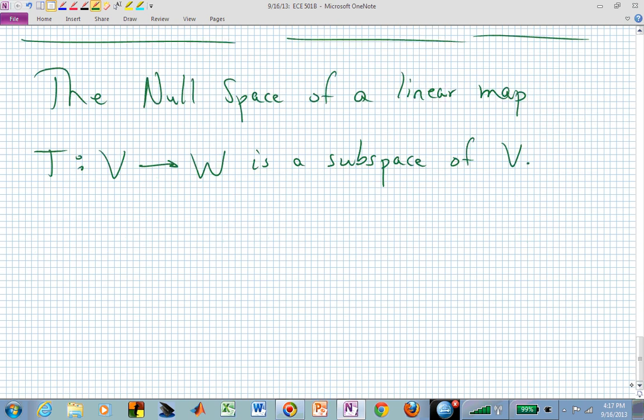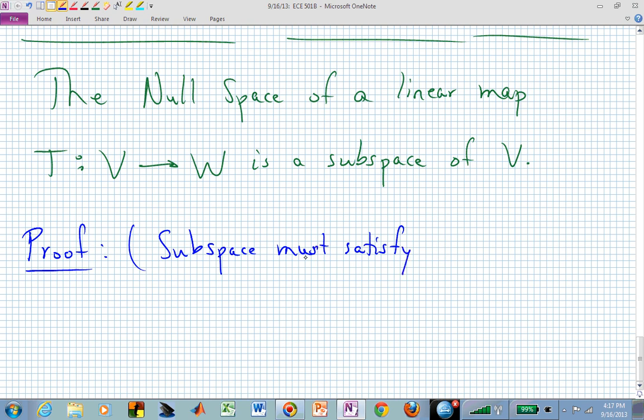Now, if we wanted to show or prove that something is a subspace, what do we need to show? You remember how many properties it needs to possess? It's this magic number 3, isn't it?